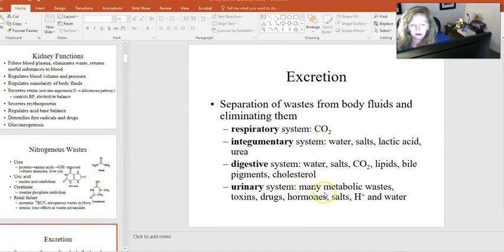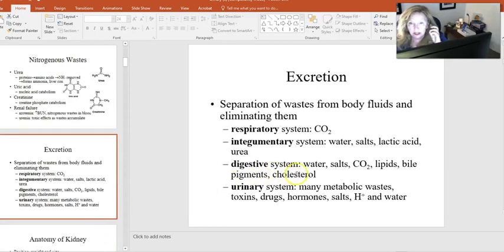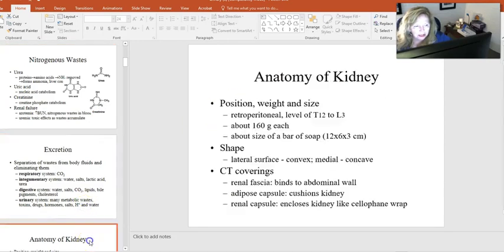There are other wastes that are gotten rid of than just nitrogenous waste, non-nitrogenous waste products, like we were saying with drugs and excess electrolytes. All of those would fall under the non-nitrogenous waste. But the major thing that we think about that we must be able to clear with functioning kidneys are these nitrogenous waste products.